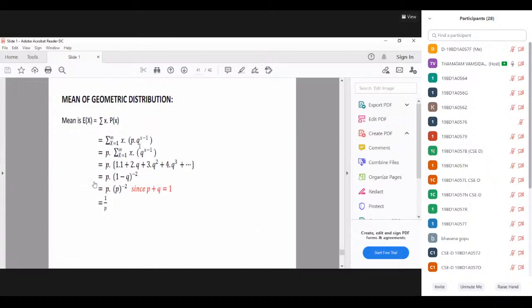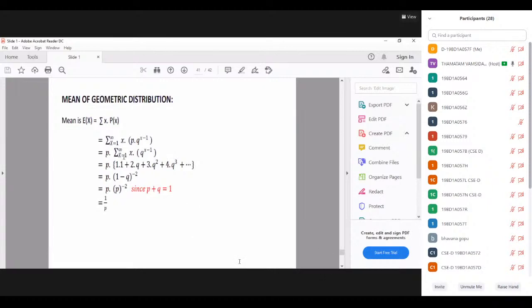See here q power x is there. We can't take q outside because q depends on x and the summation is also involving x. P is a constant, p is not depending on x, so you can take it outside. When you take p outside, summation x equals 1 to infinity, x into q power x minus 1.